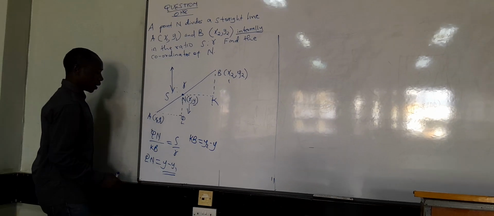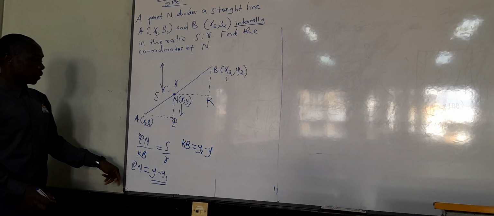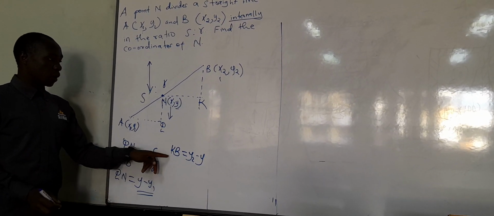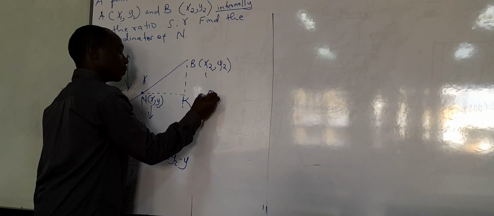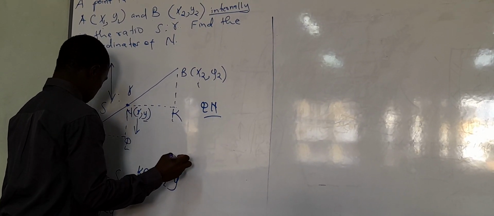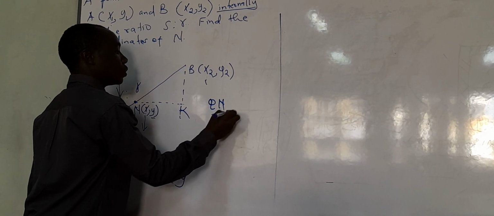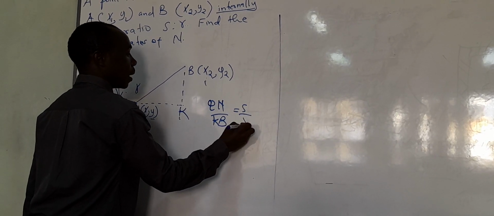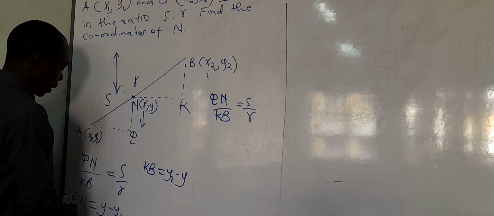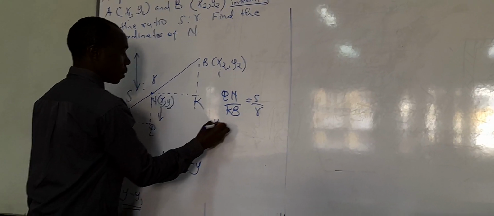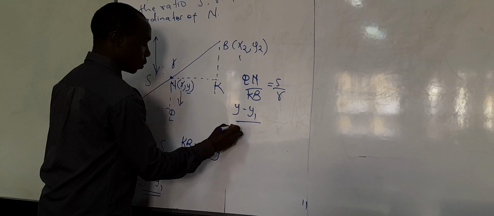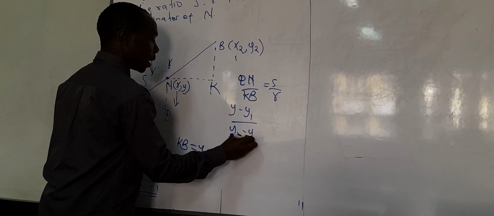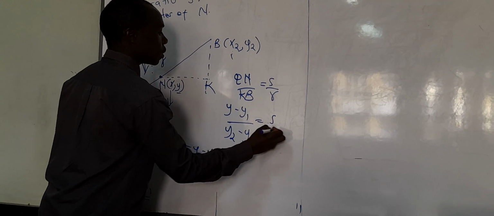So that's the values we have. We have QN and KB. So how do we solve this? We say that QN all over KB should be equal to S all over R. And what is our QN? QN is y minus y1 over KB, which is y2 minus y, should be equal to S over R.